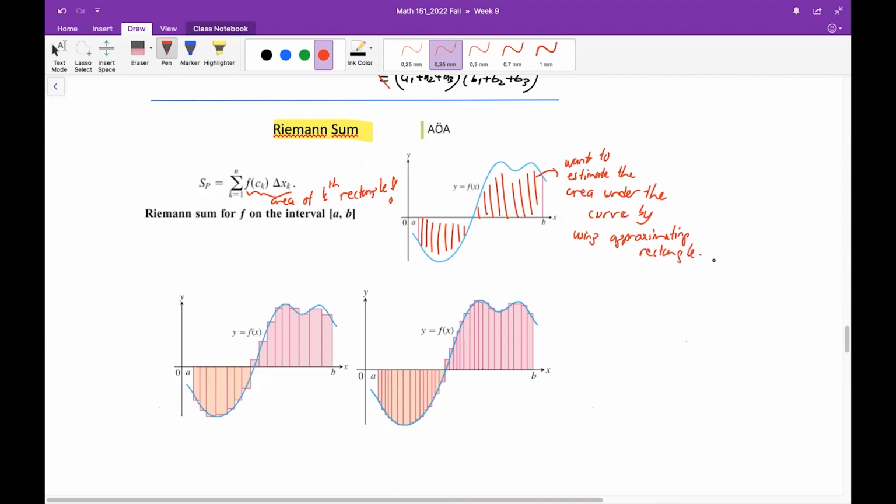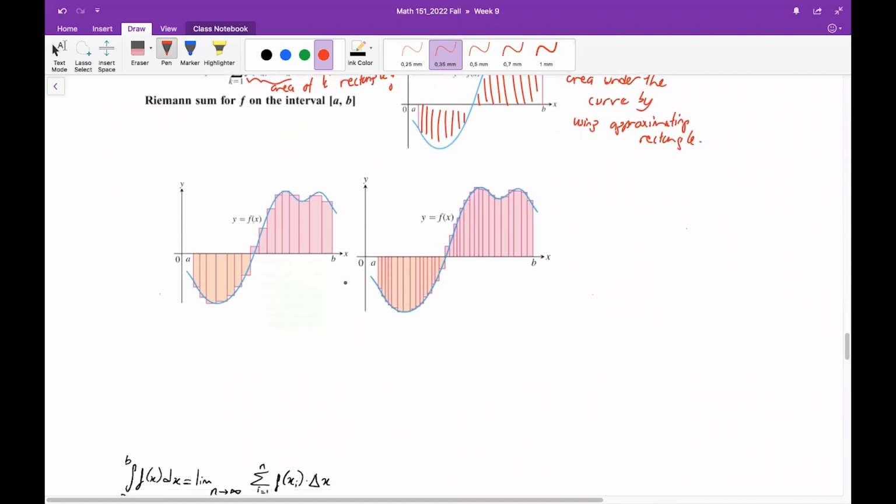We studied how to do this in the previous section. So you divide the whole interval from A to B into sub-intervals of equal length. And let's say we are dividing now n many sub-intervals.